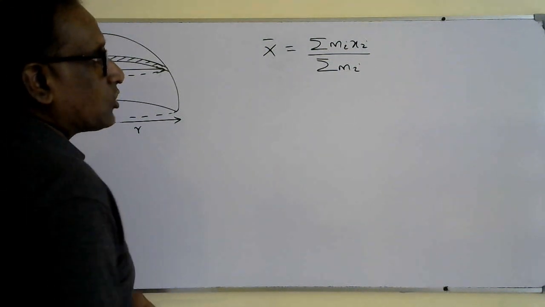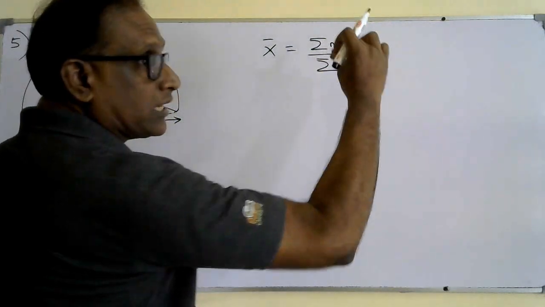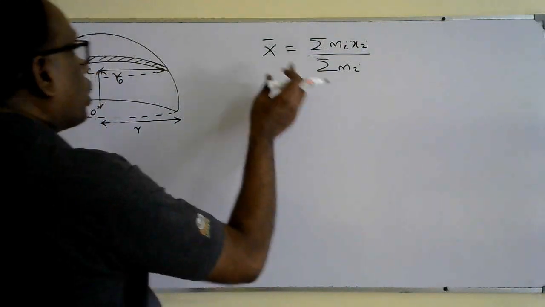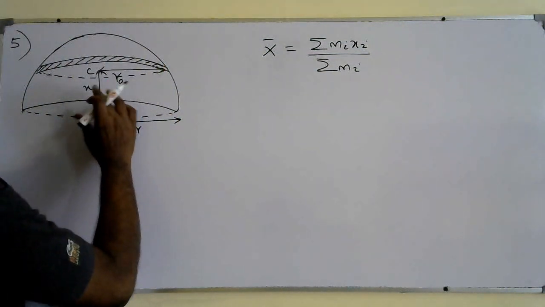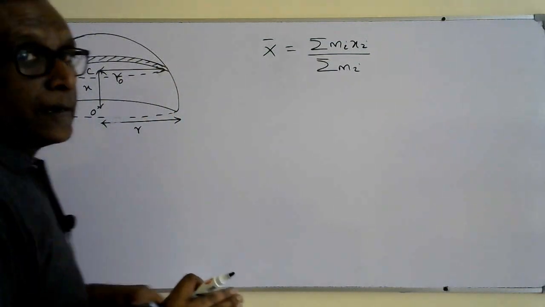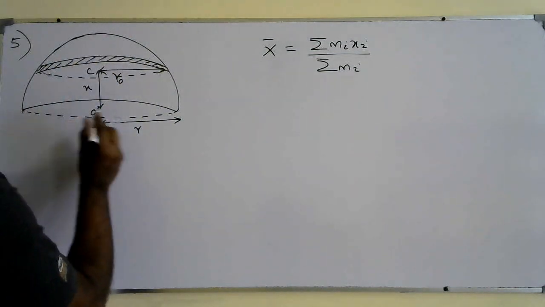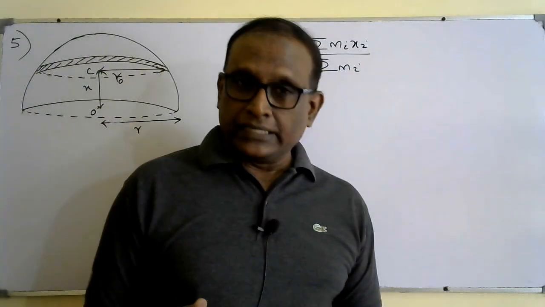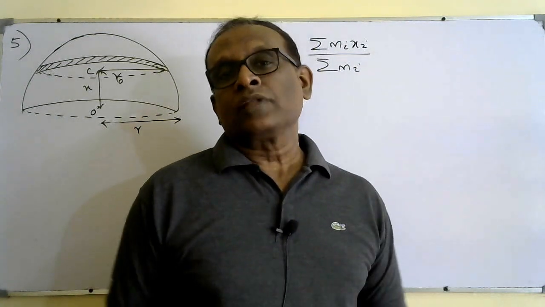Here sigma mi is the total mass of the smallest scales we consider, here the discs, that could fill the whole hemisphere. So the total mass will be the total mass of the hemisphere, which we can find by using 4/3 pi r cubed, the volume of a sphere, divided by 2, that will be the volume of the hemisphere, into density.